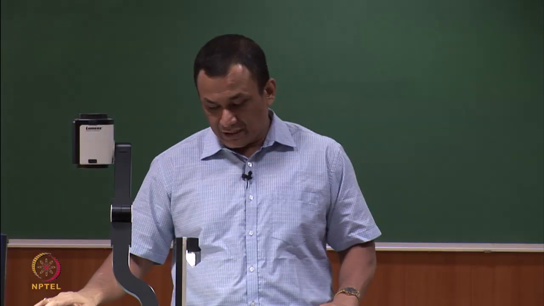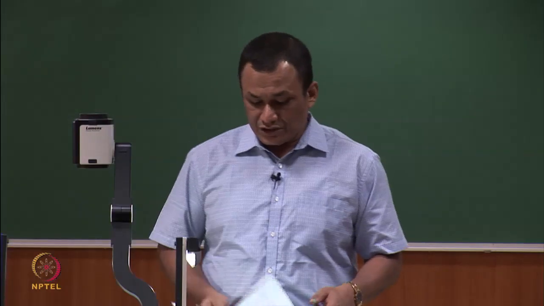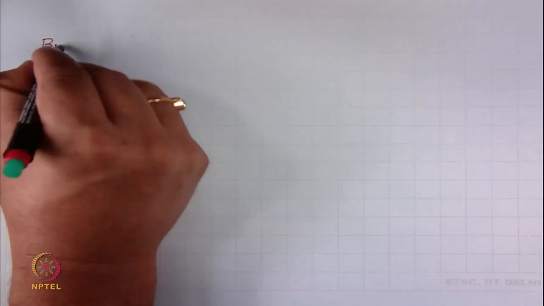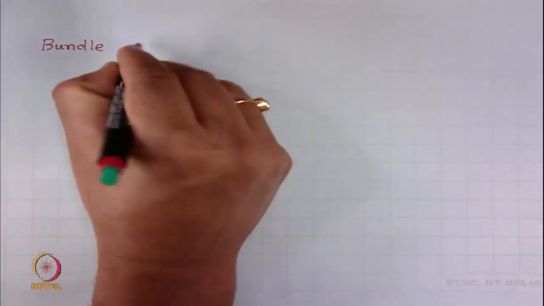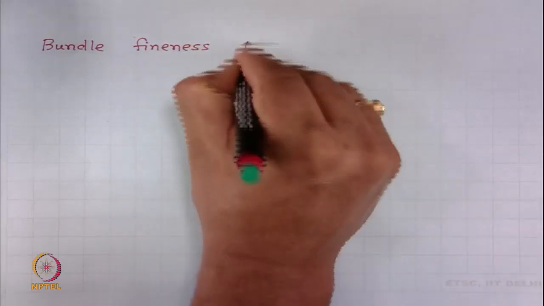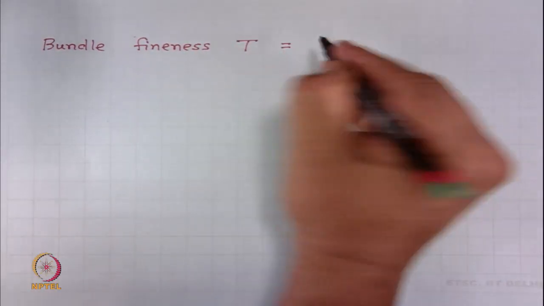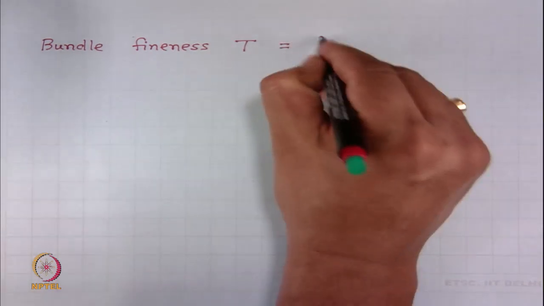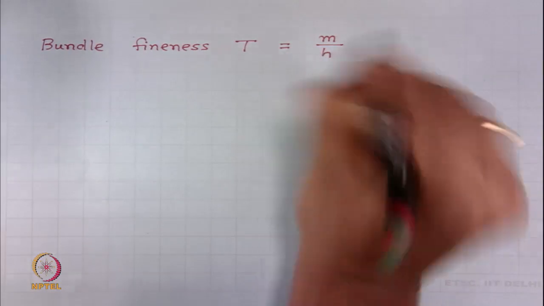Now, we will consider the fineness of the bundle. Bundle fineness we will denote by the symbol T, which is equal to mass per unit length. What is the mass of bundle? Small m. What is the length? Small h. So, T is m by h.